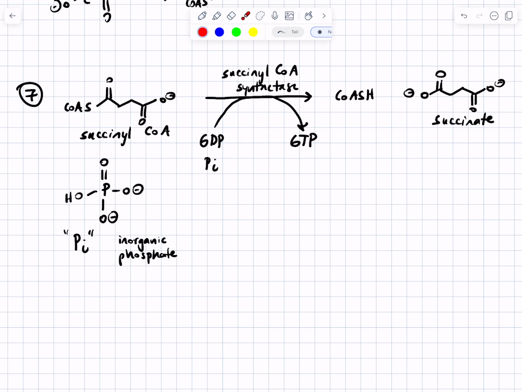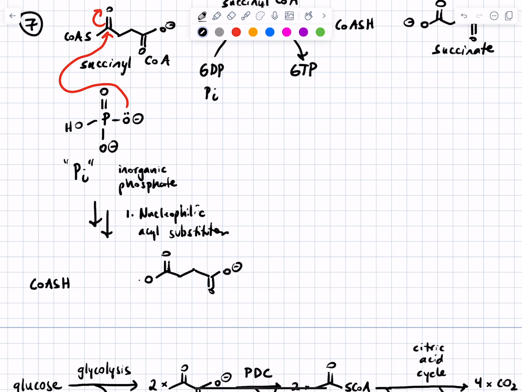I will draw the product, and then it would be worth you going back and doing a little bit of practice to make sure you can draw that mechanism. Here's the carbonyl carbon, here's the rest of the succinate molecule. On carbon 1, you now have the phosphate group.